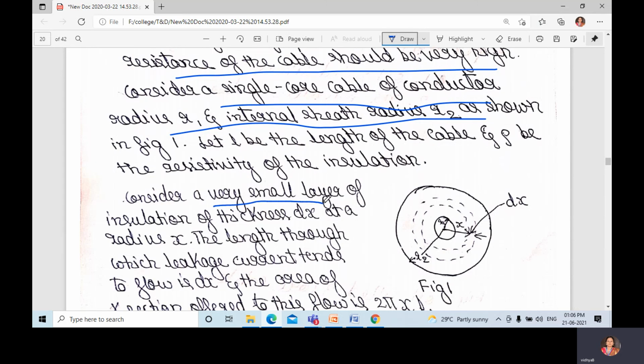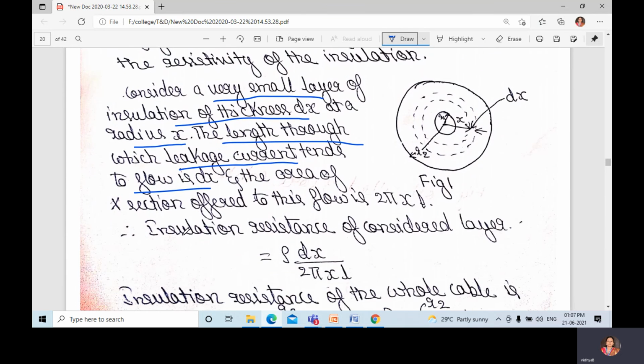Consider a very small layer of insulation of thickness dx at a radius x. The length through which leakage current tends to flow is dx, and the area of cross section offered to this flow is 2 pi x L. Insulation resistance of the considered layer is rho dx divided by 2 pi x L.